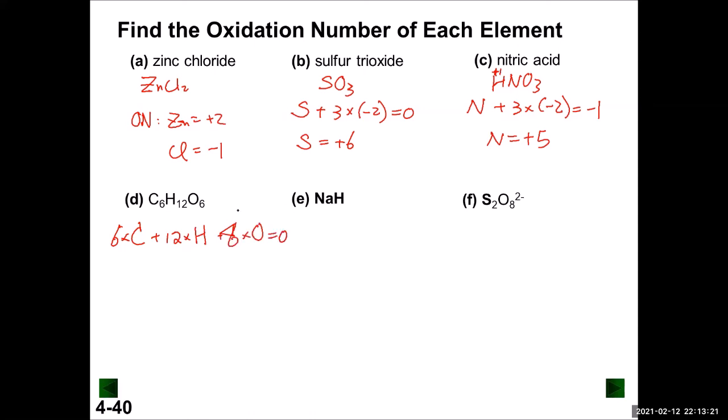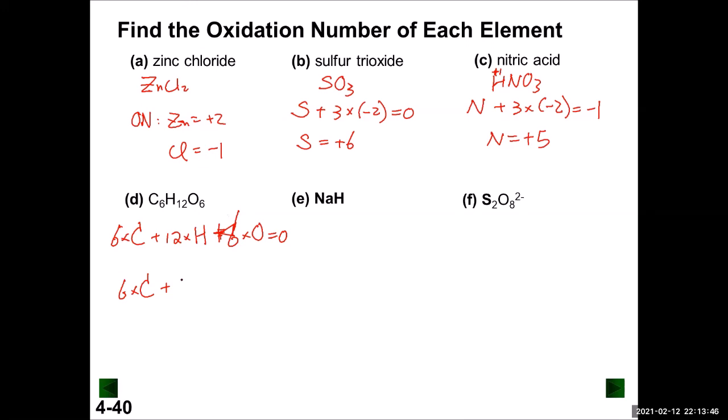And then refer back to the previous slide. We assign the hydrogen first, which is +1 in most compounds. And here there are no alkali metals involved, so there's no need to worry about the other oxidation numbers for hydrogen.